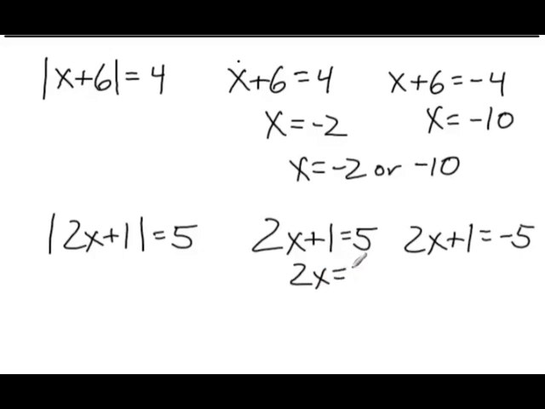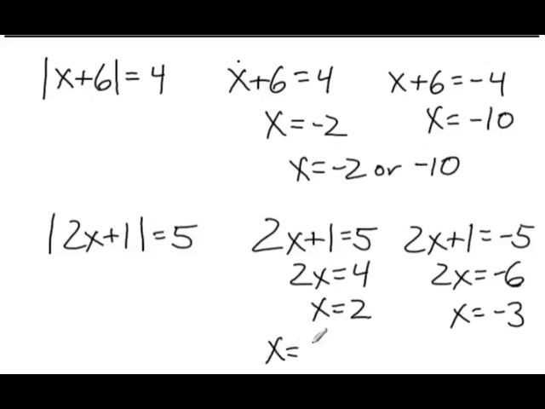Get 2x equals 4. Divide both sides by 2. Get x equals 2. Over here, subtracting 1 from both sides, we get 2x equals negative 6. So x equals negative 3 when we divide both sides by 2. So for this particular absolute value equation, either x is equal to 2 or x is equal to negative 3.